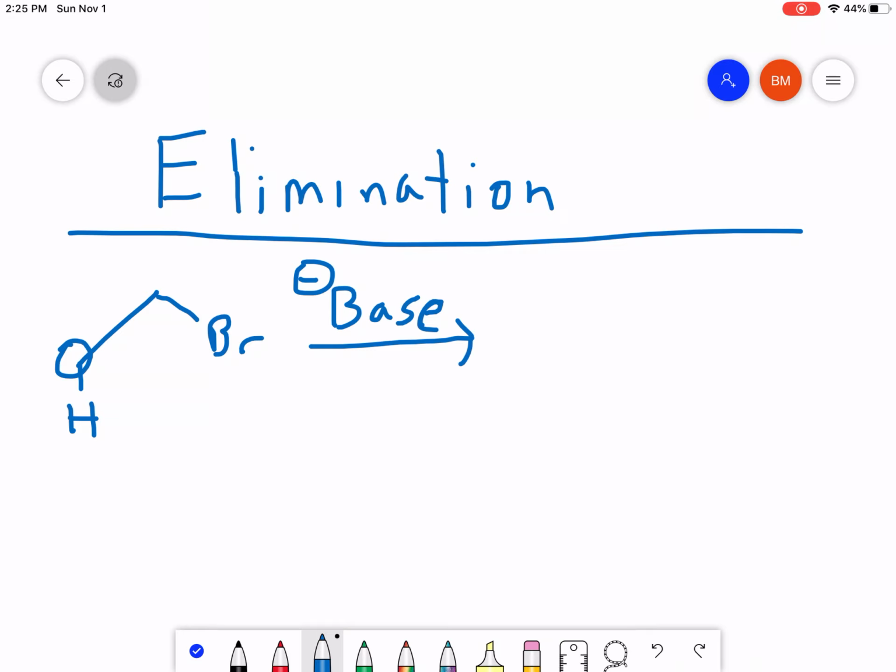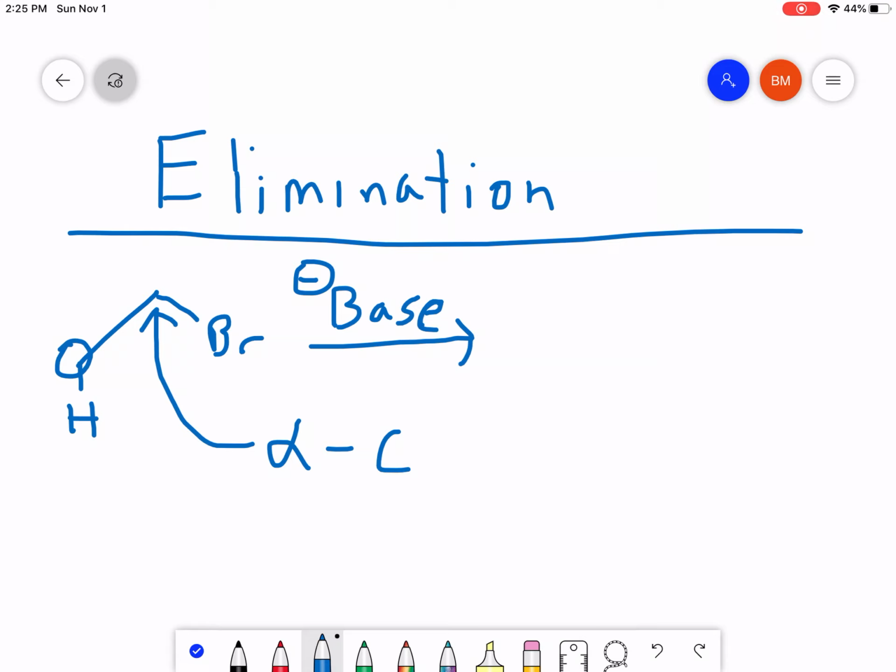Within the structure of the alkyl halide, I want to identify a couple of different spots. If you look at this carbon right here, the carbon with the halogen on it, that is going to be referred to as the alpha carbon.